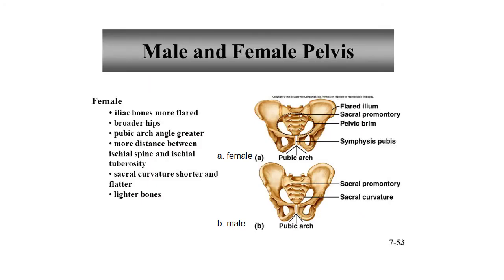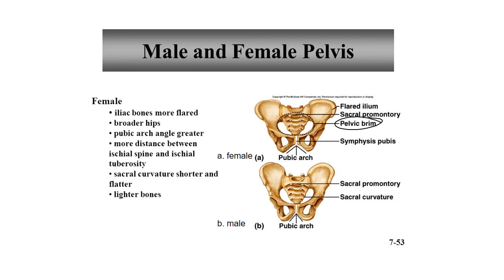Male and female pelvis, you don't have to know this for the test. The iliac bones are more flared. They're flared out, and so women have hips and men don't, is basically the way it's usually described. There's also the pelvic brim, which is a little bit larger. It makes a larger opening than it does in men to allow the baby to be born.